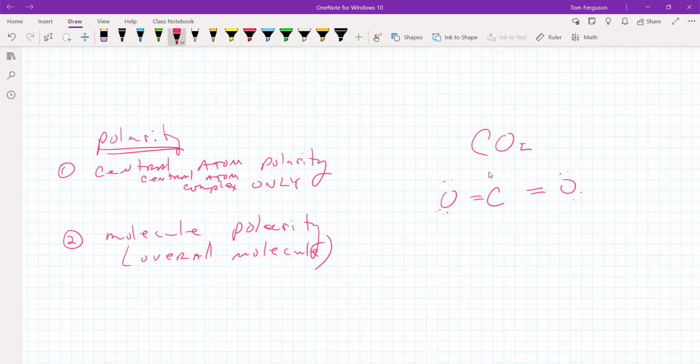So number one here, if we look at the central atom, that's going to be a polar complex, but because the vector directions are 180 degrees, they cancel.